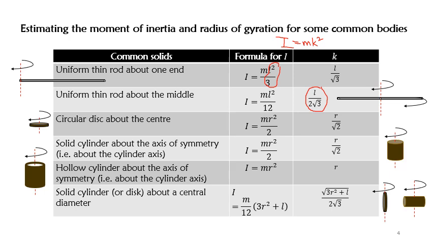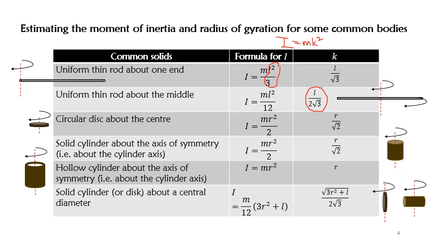This is so because it is a hollow cylinder, so the distribution of the mass is towards the edge of the cylinder, but there is no mass in the core of the cylinder. Do you get it? So K will be approximately equal to R. The thinner it is, the closer the value of K to R.